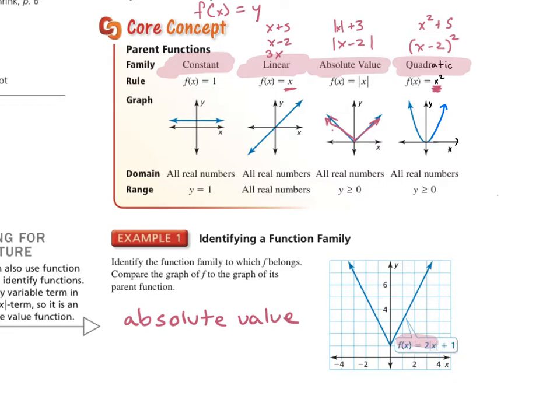Now by looking at f of x equal to x over 2 times the absolute value of x plus 1, it solidifies that it's an absolute value graph, because the absolute value is happening to the x here. Anytime we see that in an equation, we know it's going to look like the absolute value graph.